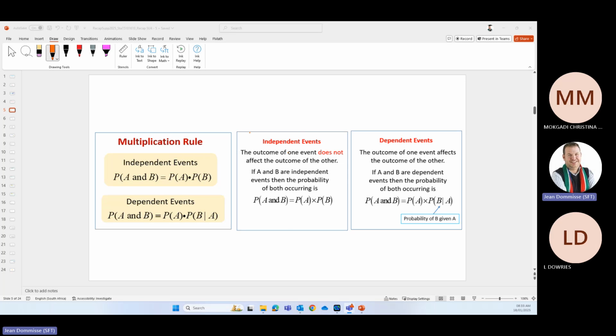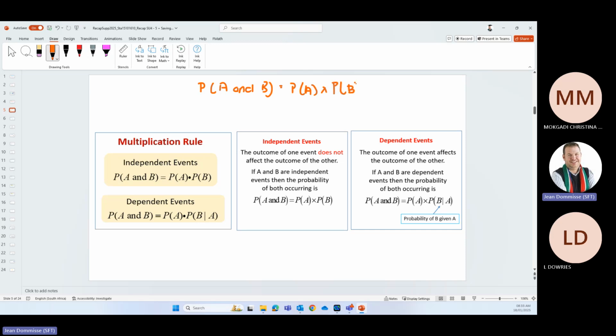So when events are independent, the important thing to get that "and" is to basically say the probability of the first event, so if it is A, times the probability of a second event.